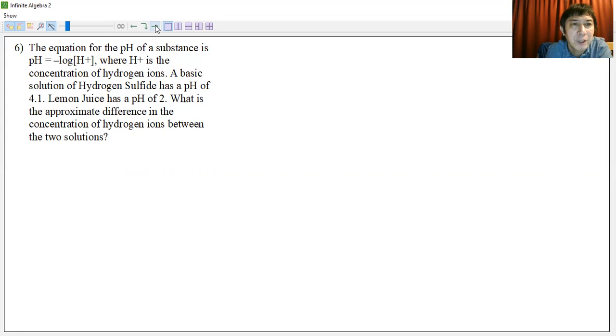So we have the formula there: pH is equal to negative logarithm of the concentration of hydrogen ions, H plus.